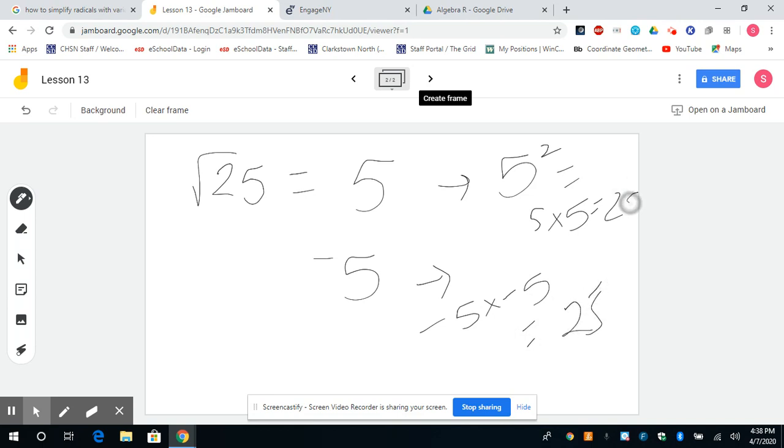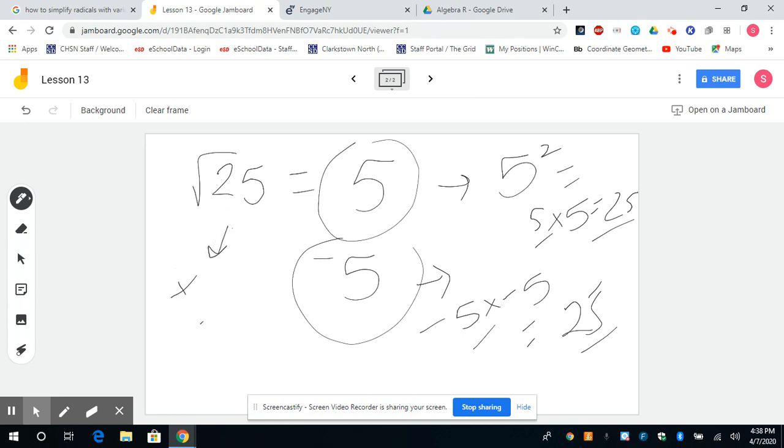So since I can get the same answer using either number, I have to make sure I know that they're both solutions. When you simplify radicals, I'm going to tell you that you're only using the positive form. When you take the actual square root, you're getting a positive or negative value.